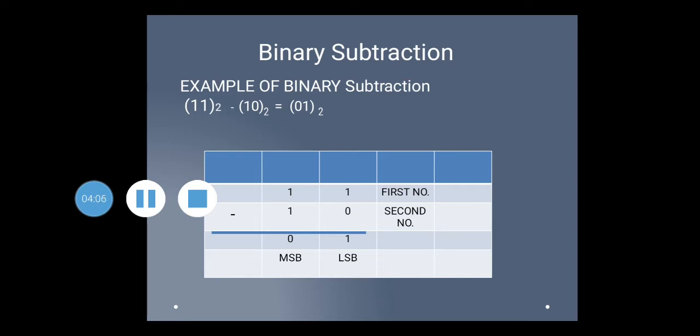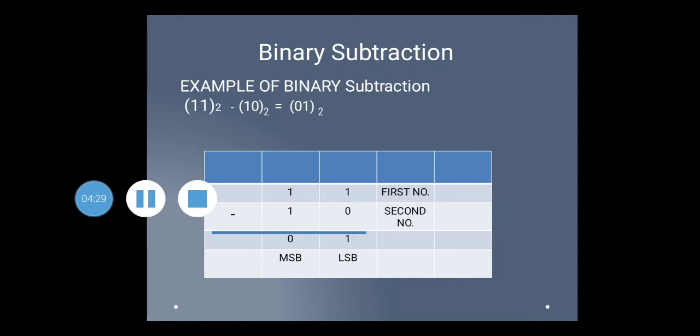The first number 1 1 is written in the first row, and the second number 1 0 is written in the second row. When you subtract this, you will start with the LSB bit, so we'll start from the right side.